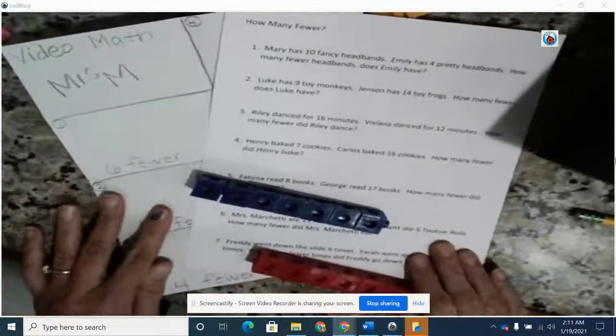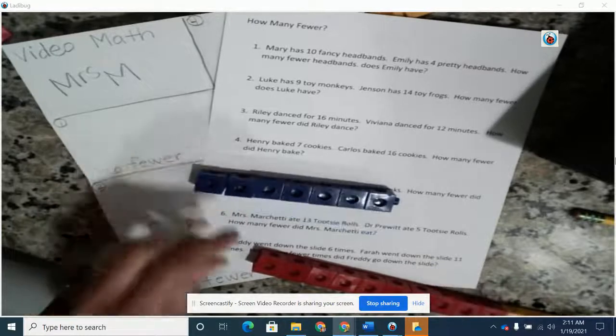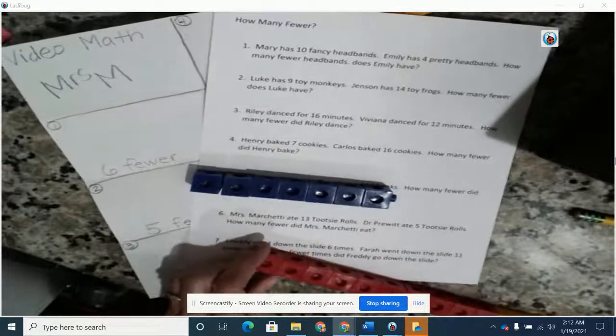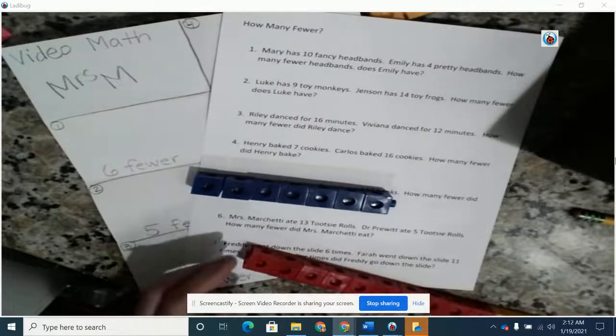Or no, wait. Which one am I on? Yeah, number 4. Okay. So 7 cookies, and Carlos baked 16 cookies. So make 16 with your other cubes. I'm going to give you a second to do that. So you should have 16 cubes. It's a long one. And then you're going to have your 7.